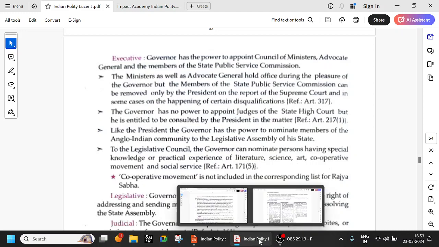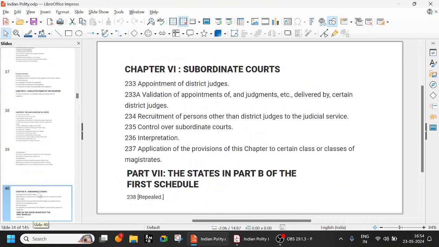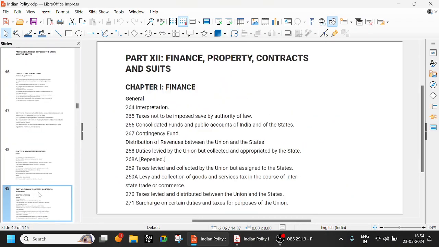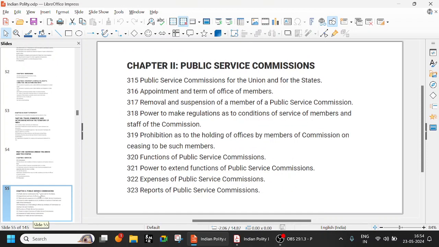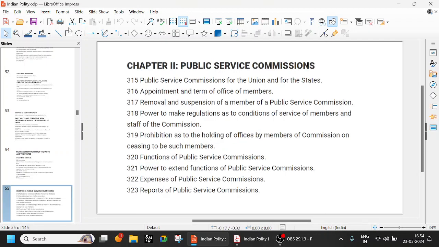So when you talk about public service commissions, usually it comes at 312, 314, like that. So All India Service is 312. So public service commissions of union and for the states, when it comes to states, it is 315.